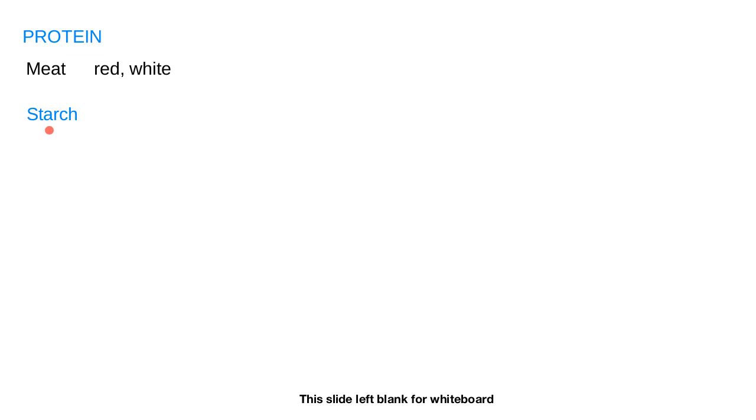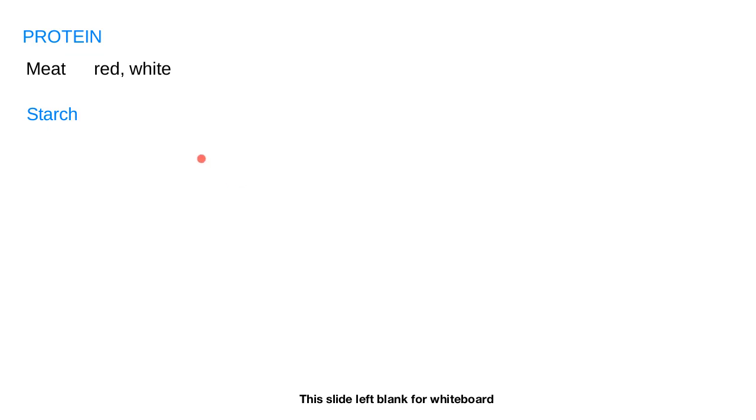For the starch, we are talking about maybe rice, cereals, potatoes, cassava, any type of product that we normally use as a starch.